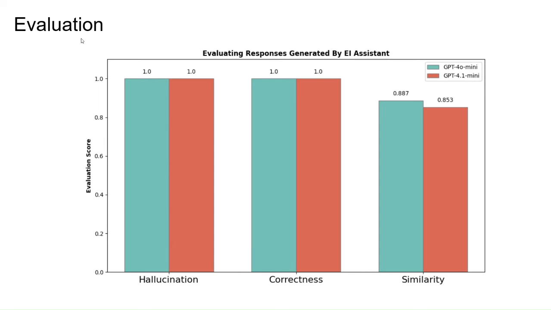I used a hybrid method, which means that I used both LLM as a judge and manual review to perform this evaluation, and I used two different LLM models, GPT-4o mini and GPT-4.1 mini. As we can see here, they both did quite well, with GPT-4o mini achieving slightly higher results in semantic similarity.